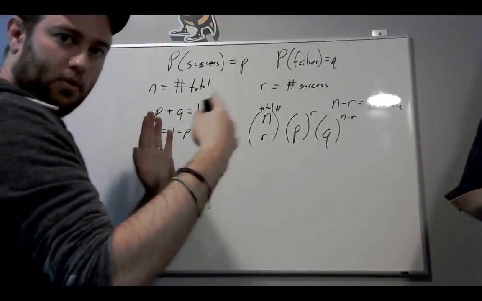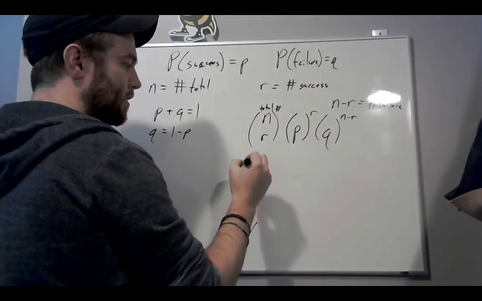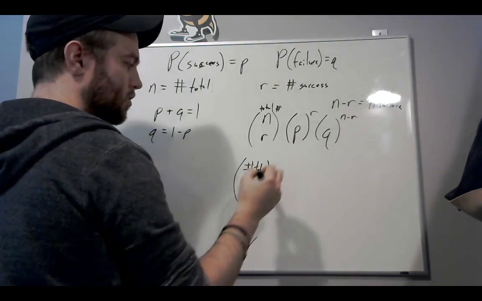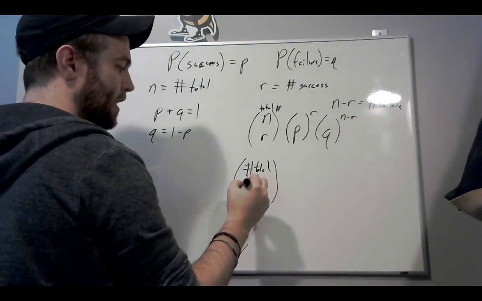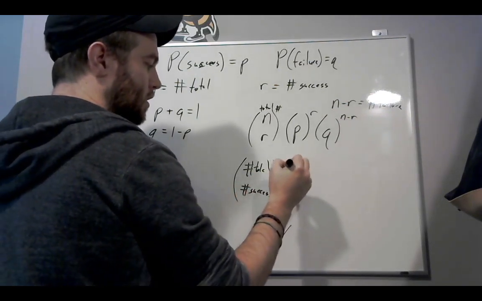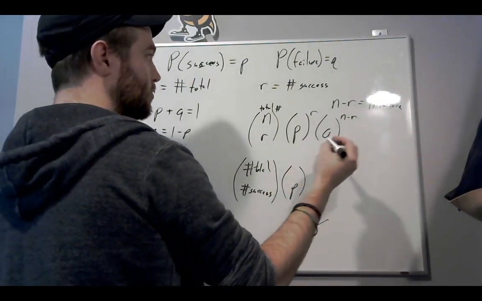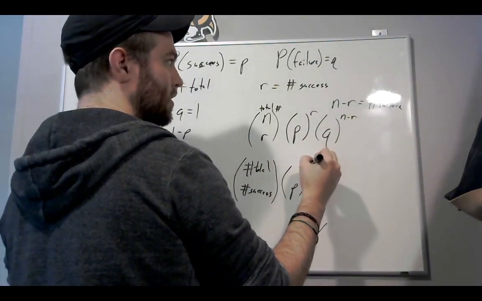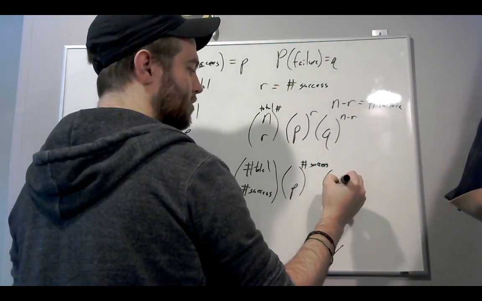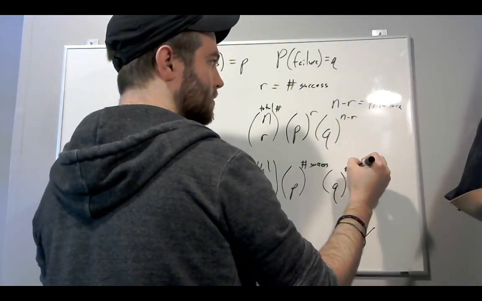So a better way to view this is: the total cases, choose how many successes you want, times the probability of success raised to the number of successes you want, times your failure probability raised to the number of failures you want.